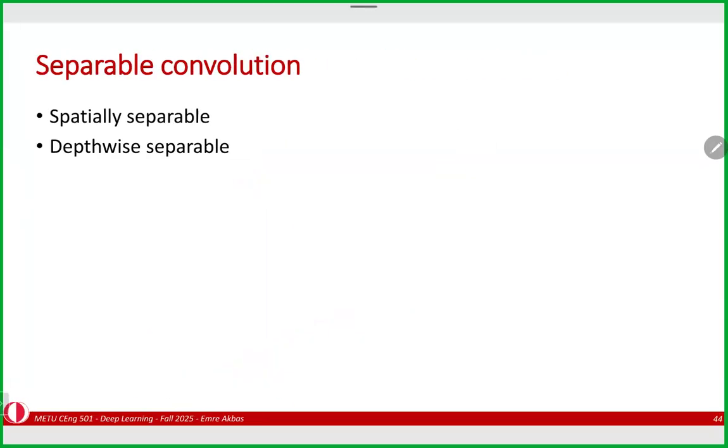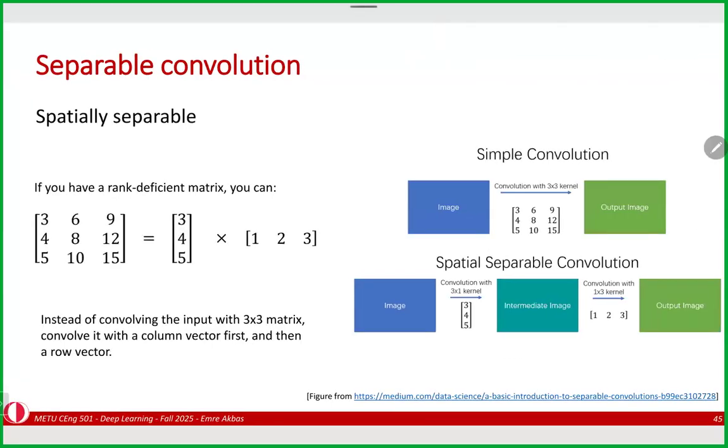Separable convolution has 2 types, spatially separable convolution and depth-wise separable convolution. Let's look at the first one first. Spatially separable convolution is possible when you have a rank deficient matrix. For example, if you have this matrix as your kernel, as you can see, the second column is twice the first column, and the third column is 3 times the first column.